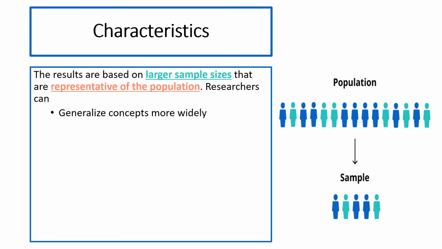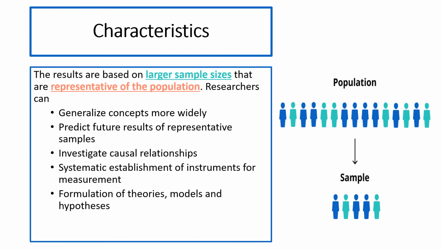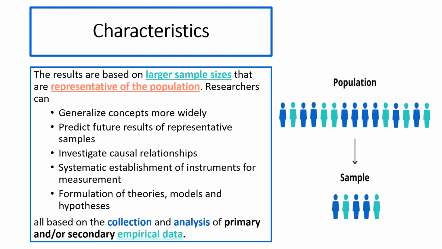Large sample sizes enable researchers conducting quantitative research to generalize concepts more widely, to predict future results of the representative samples, investigate causal relationships, and enable systematic establishment of instruments for measurement, formulation of theories, models, hypotheses, all based on the collection and analysis of both primary and or secondary empirical data.